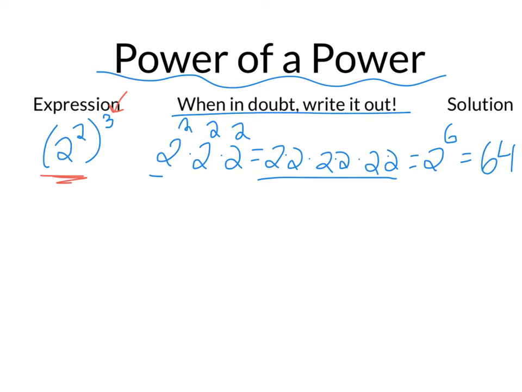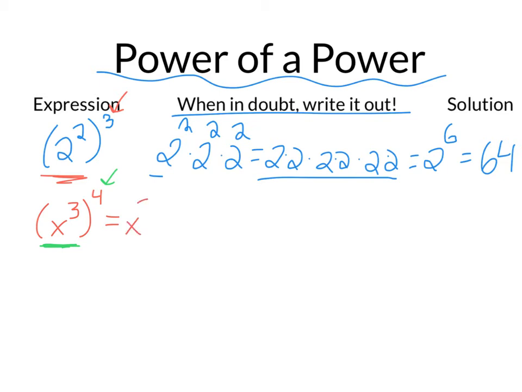Alright, so now something with variables. Let's say I have x to the 3rd to the 4th. This 4 tells me there's 4 of these.